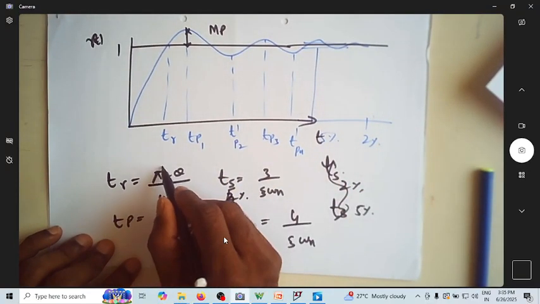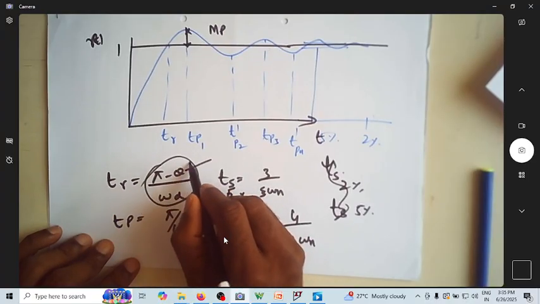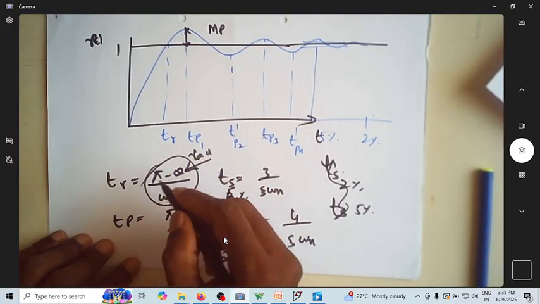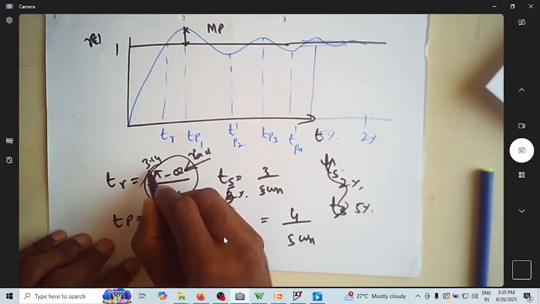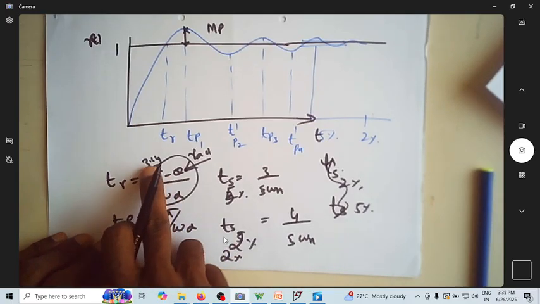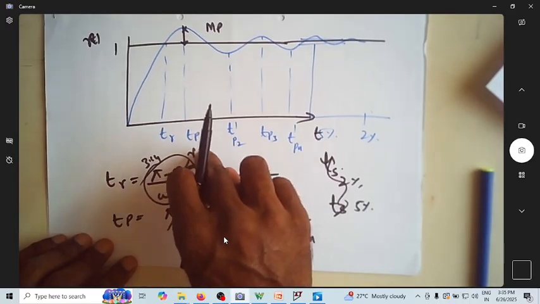Now you have to be very careful while substituting this theta. It should be in radians, because pi is already in radians, 3.14. Radian minus radian is radian unit.